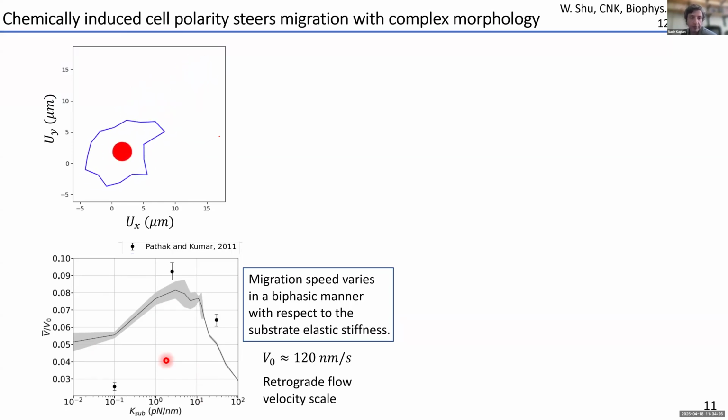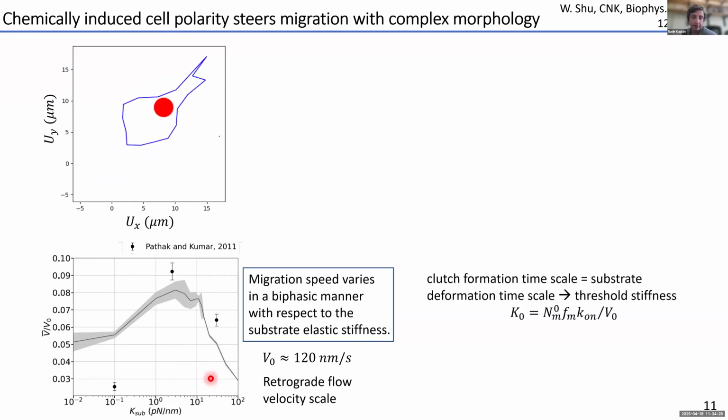But of course, the question is, how does this behavior arise in the first place? For this, what we first need to understand is what is soft and what is stiff when it comes to the substrate that the cell is interacting with. How do we do that? We need to come up with a dimensionless number, or in other words, a characteristic scale of substrate stiffness, and that ought to be given within the framework of the cell.